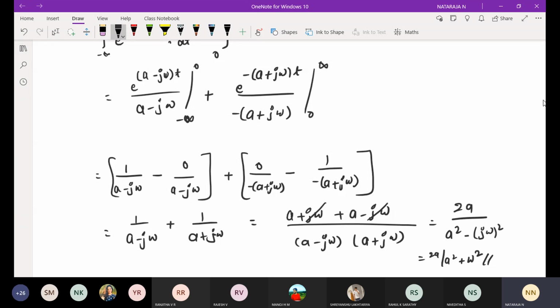Since the given x of t is even symmetric, X of j omega is purely real. We got this as a real term. If I compare with a plus jb, this will be a real term.